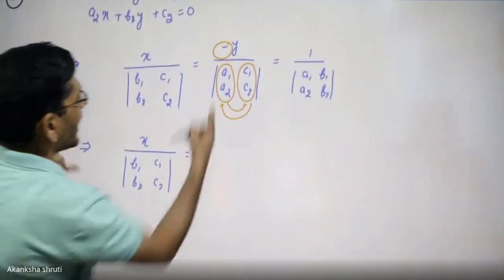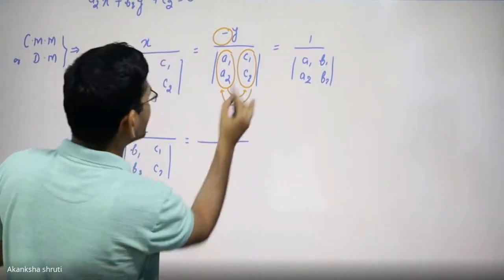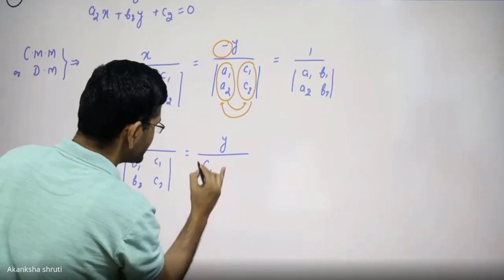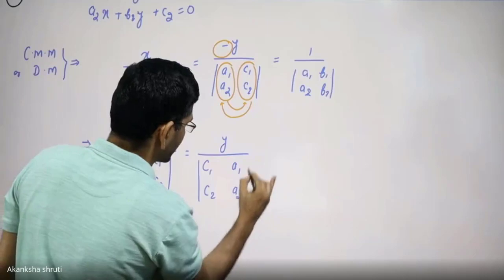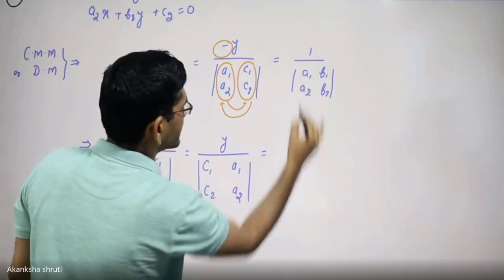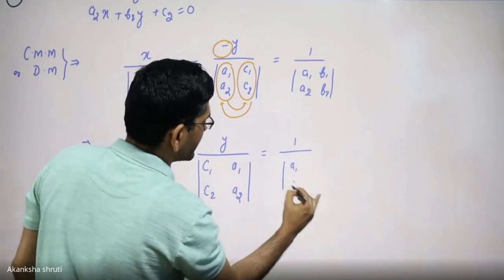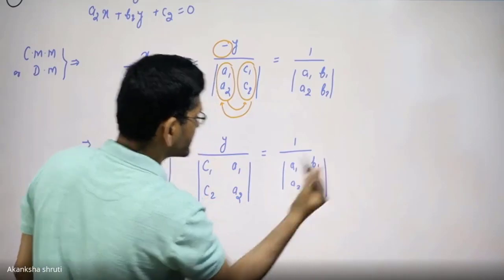Therefore, I can remove this minus sign in y and I can write like this. So let me write C1, C2 first, then A1, A2 next, and keep the third ratio as it is, A1, A2, B1, B2. Okay, student?